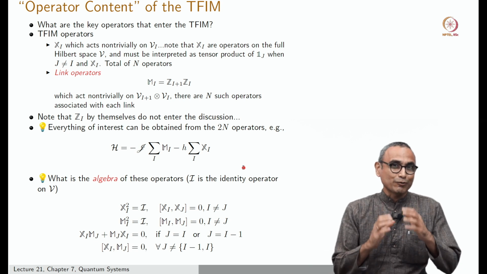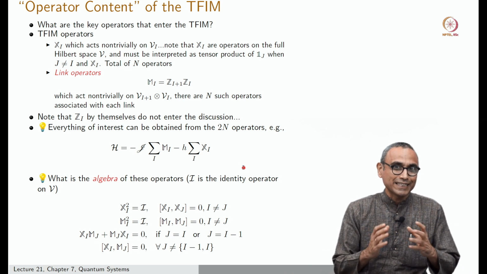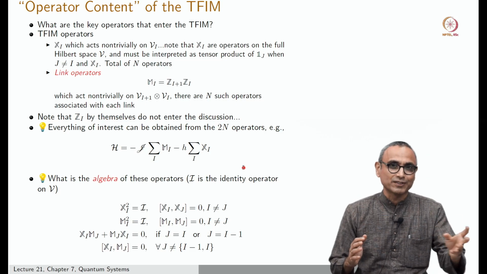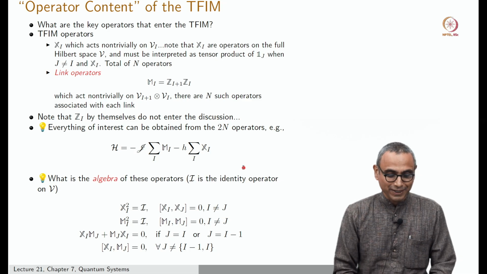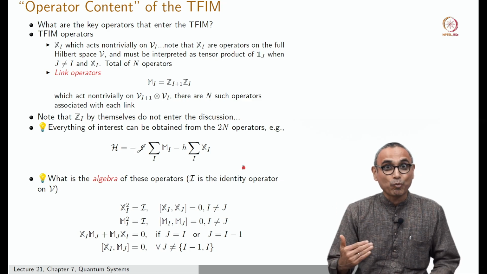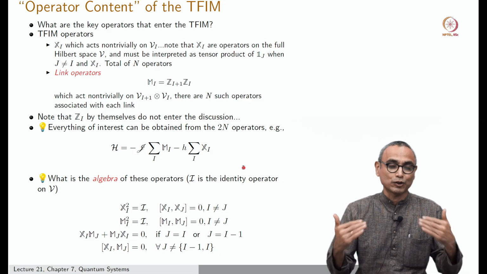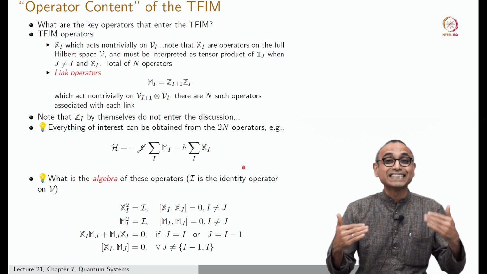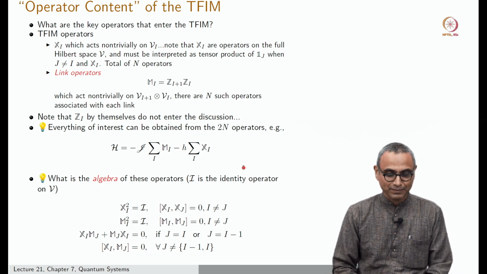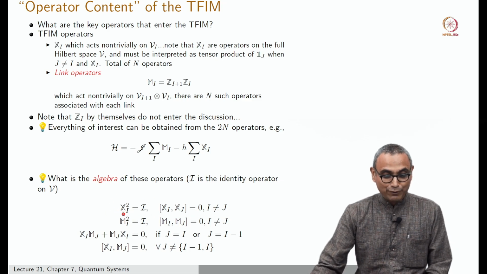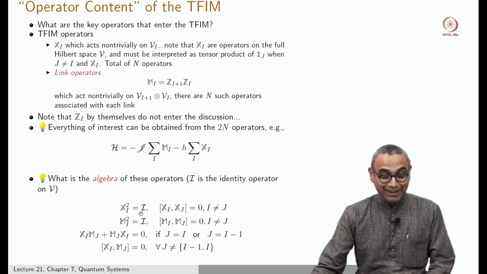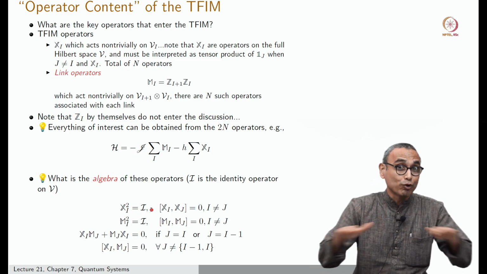Okay, so we have defined a new set of operators. x_i were not new, of course, we just took them from each qubit. m_i are these new operators we have defined. So let us see what the properties of those operators are. What is the algebra of those operators? Now I am writing this a little more carefully. If I square x_i, I will get the identity of the full Hilbert space.